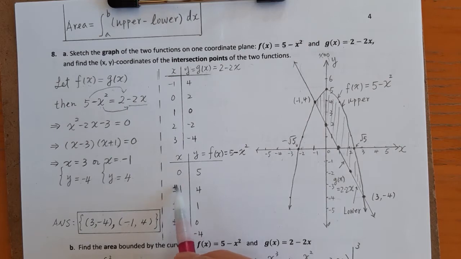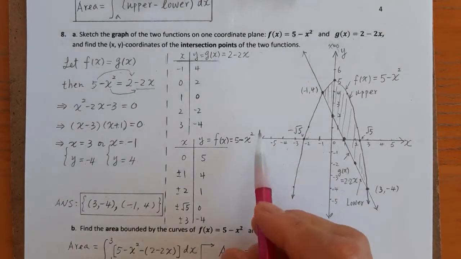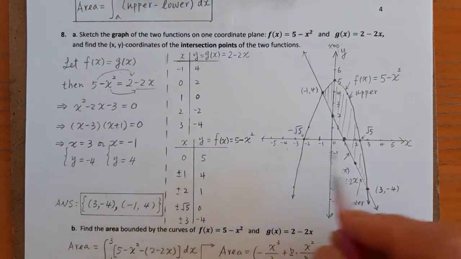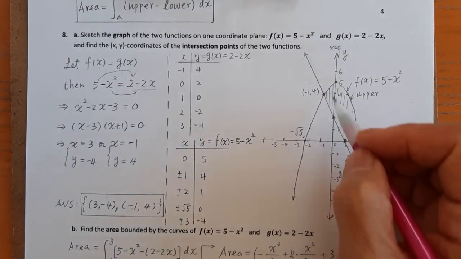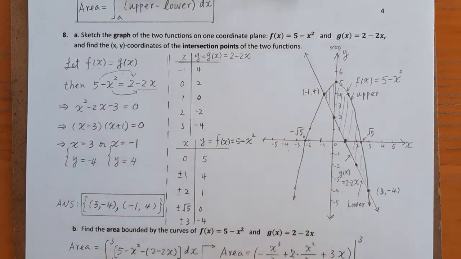So you can use positive and negative 1, plug it into the function. 1 squared is 1, 5 minus 1 is 4. So (1, 4) and (-1, 4), the 2 symmetric points.